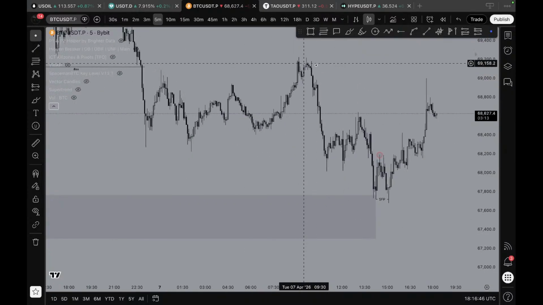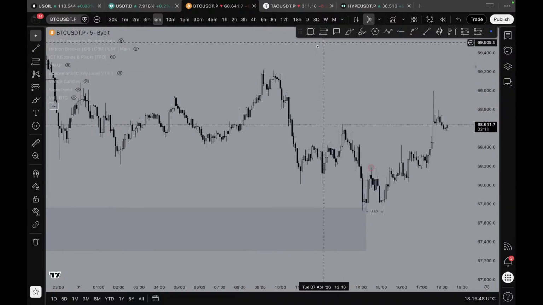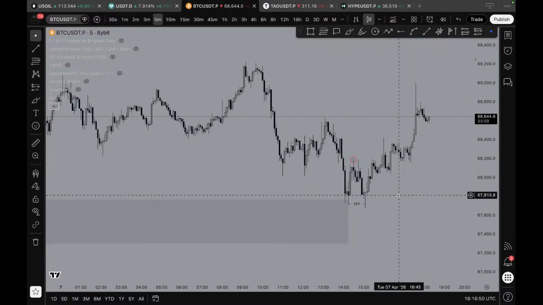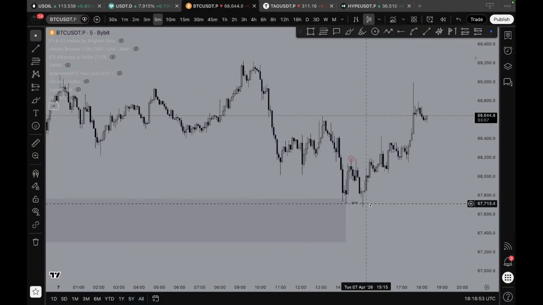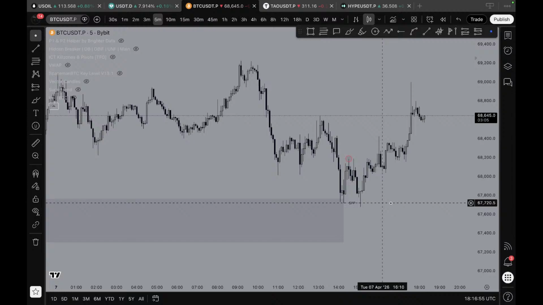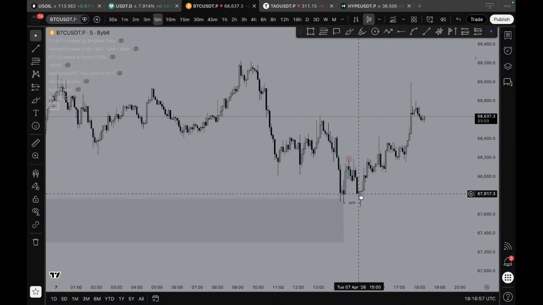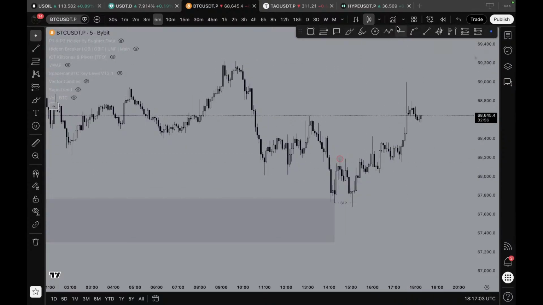And then context is very important, because in this case you have an SFP, but you cannot always blindly trust an SFP here. Because first of all, the wick is not really confirmed until you get at least some buying candles. And you are also going against structure. So if you look at structure, then you have low, high, low.